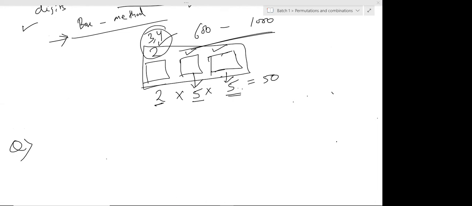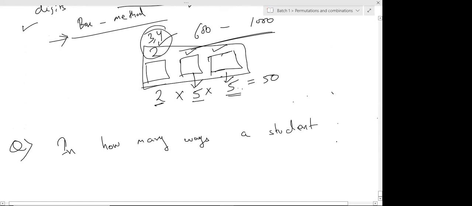In how many ways can a student answer a multiple correct question with 4 options?